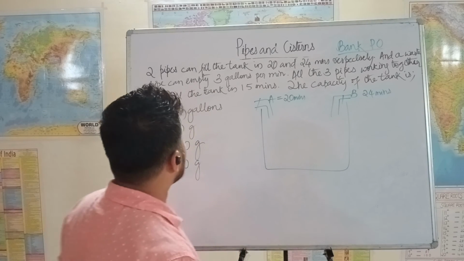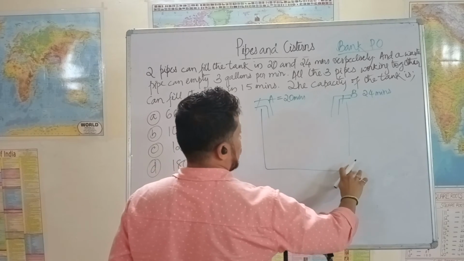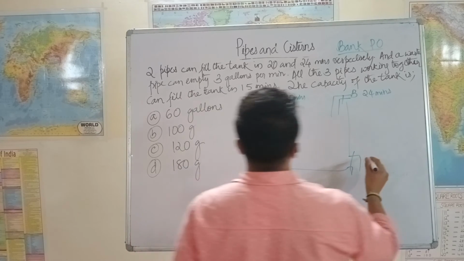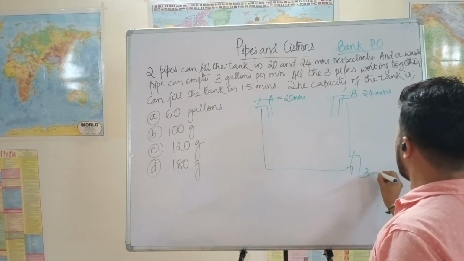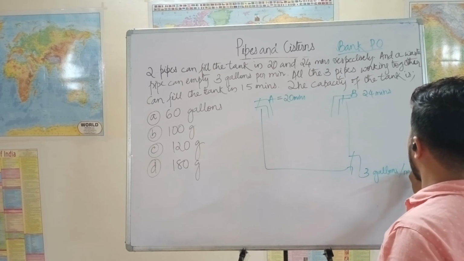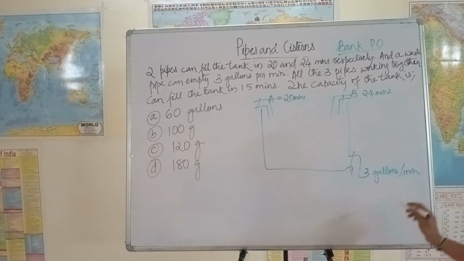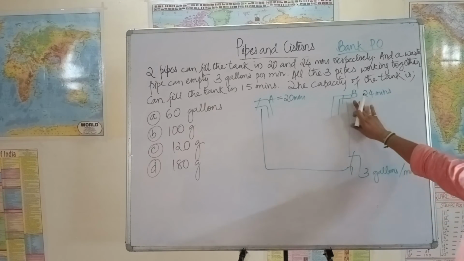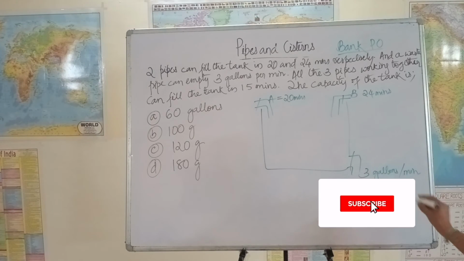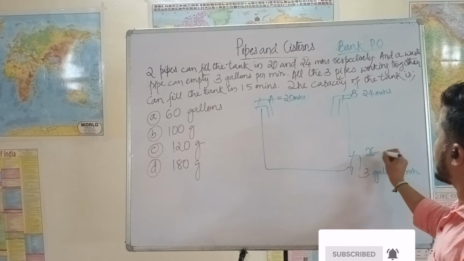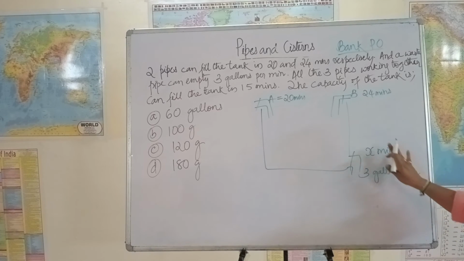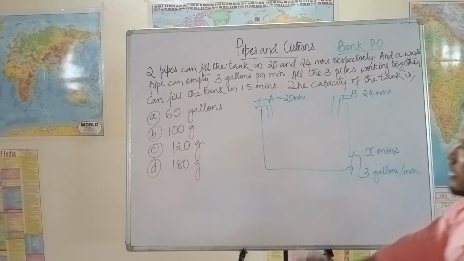And there is a waste pipe which can empty 3 gallons per minute. But we don't know exactly in how many minutes it can empty the tank completely. So let's assume it empties the entire tank in X minutes.